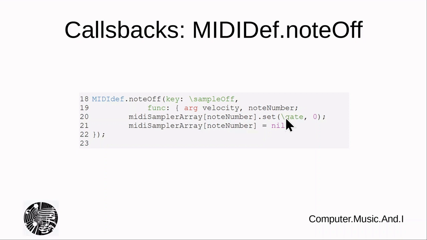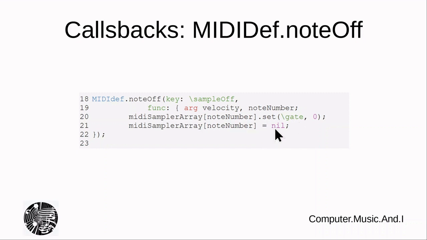The ADSR envelope generator, once it gets a gate of 0, then it knows that the key has been let loose, so it is no longer pressed, and therefore the ADSR is then running to its end, so the release phase is going to be ended, and eventually once this is ended, very luckily for us, SuperCollider is going to throw away the synthesizer, so it's going to erase it from memory.